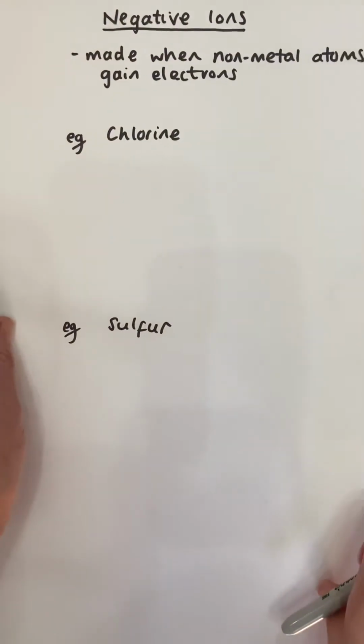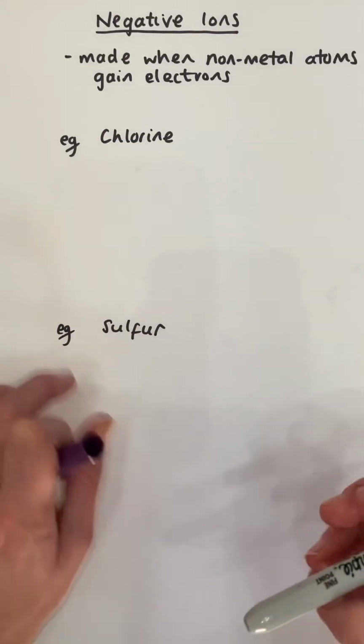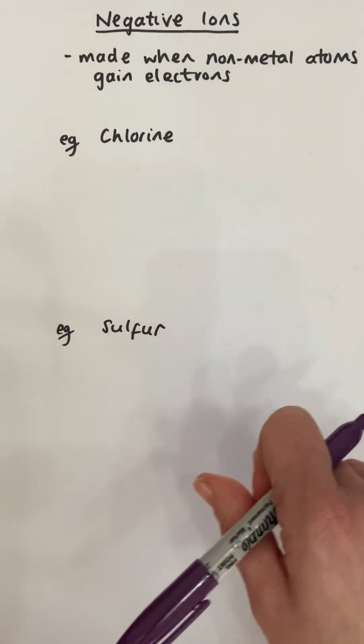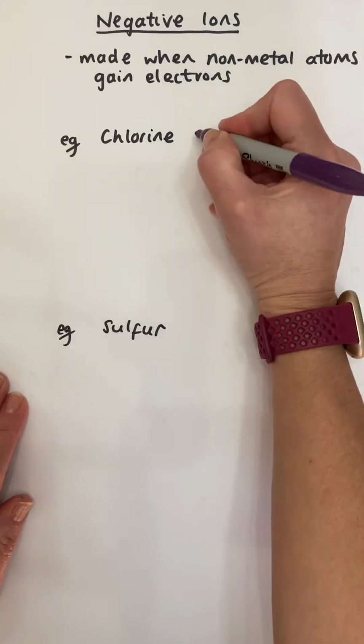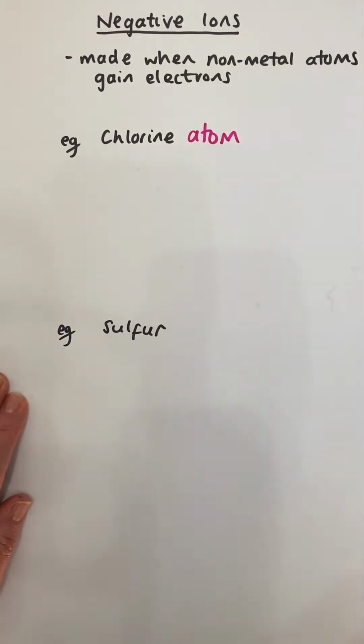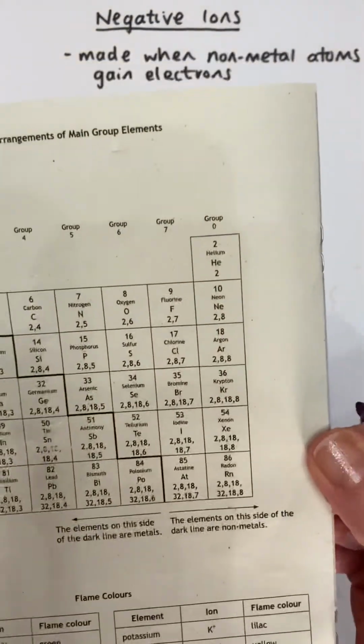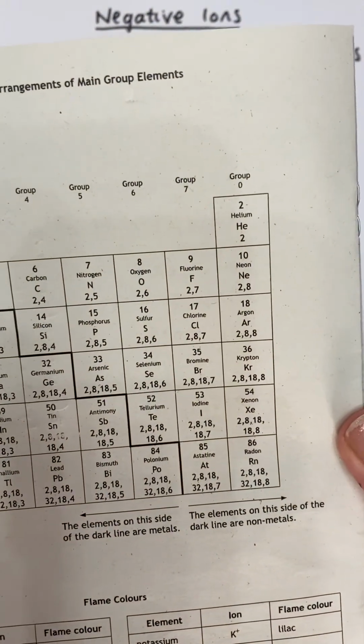The negative ions. When we look at the negative ions here, negative ions are made when you have non-metal atoms and non-metal atoms gain electrons. By gaining electrons, they now have more negatives than positives, so they become negatively charged. So we have a chlorine atom here, and a chlorine atom, we see in group number 7, is 2, 8, 7.